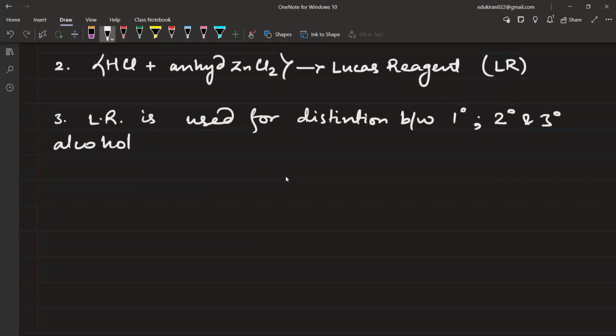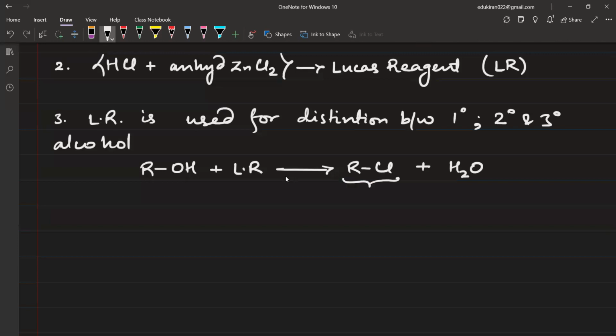So basically, if you react any alcohol with Lucas reagent, which is HCl and anhydrous ZnCl2, then you will get alkyl chloride and water. Now this alkyl chloride is a white precipitate, and in the presence of water, it shows turbidity.